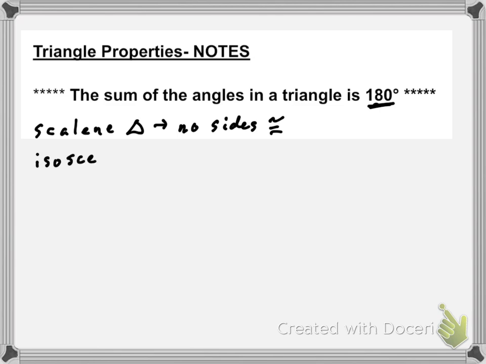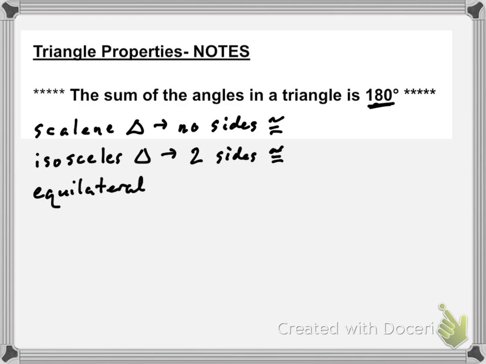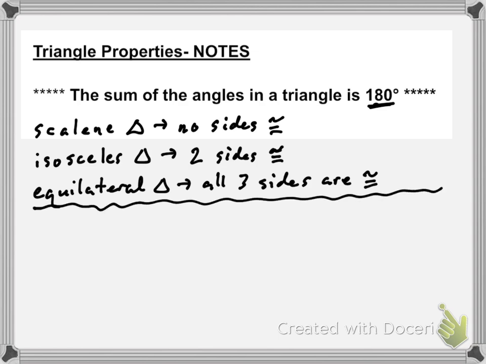Isosceles, which we're about to talk about, means two sides are congruent. And then equilateral, all three sides are congruent. Now, that's how you name a triangle by its sides.